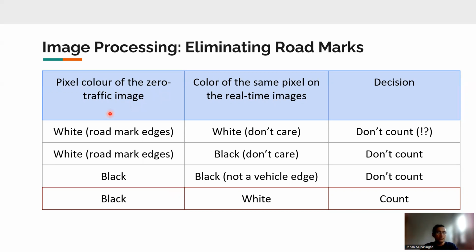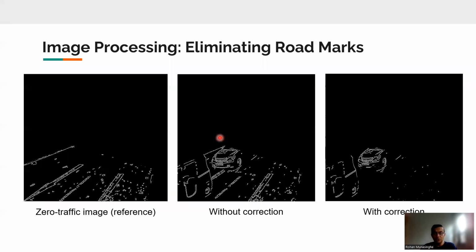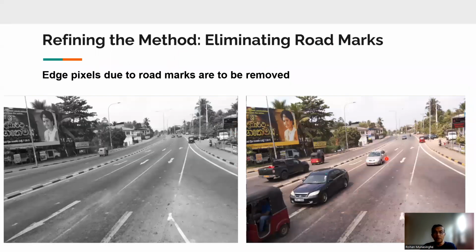If it is white, which means a road mark, whatever mark on the road, white, you check the same pixel on the other image, which is this one, say somewhere over here. It is white on the left hand side image, and it is black on the right hand side image.